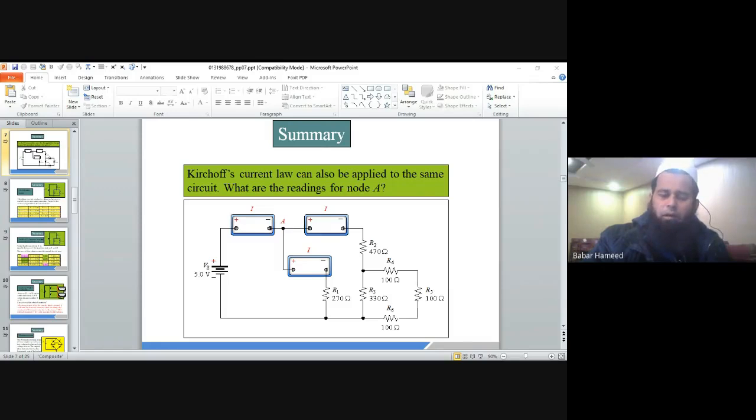And let me revise something. If you know Ohm's law, Kirchhoff's law, and the voltage divider formula that we learned in chapter 5, and the current divider formula that we learned in chapter 6, and if you know how to apply these laws, you can solve most resistive circuits and different resistive circuit analysis problems.